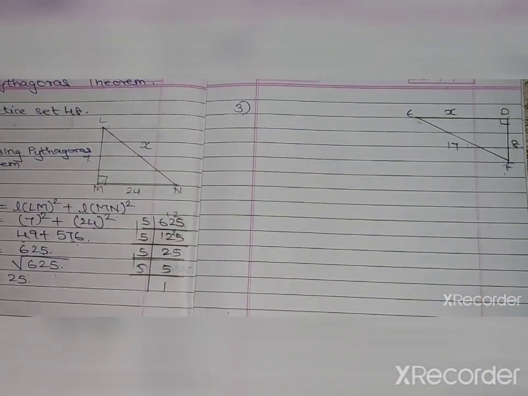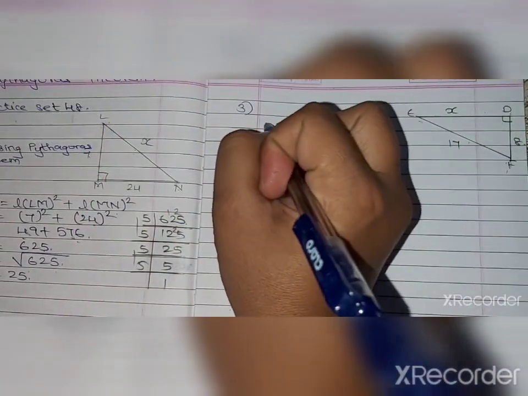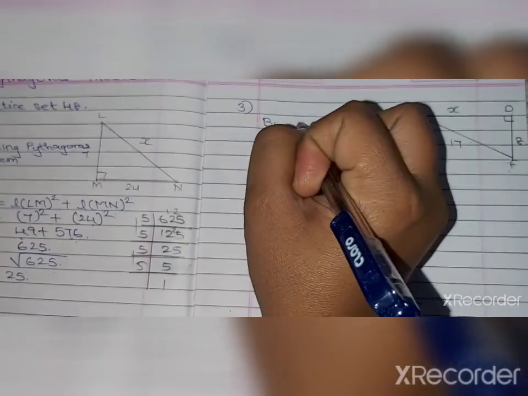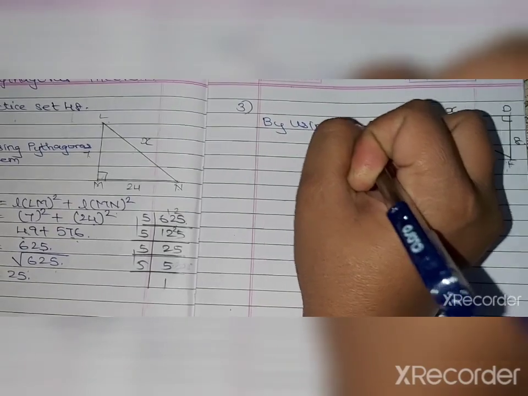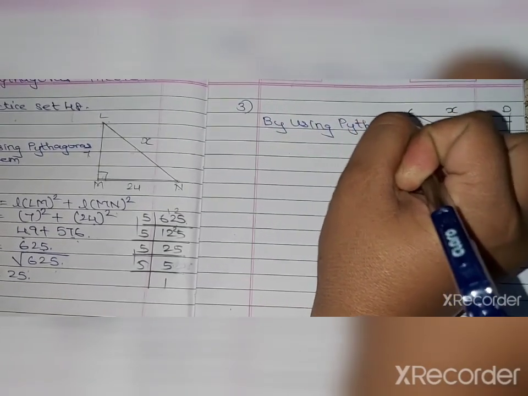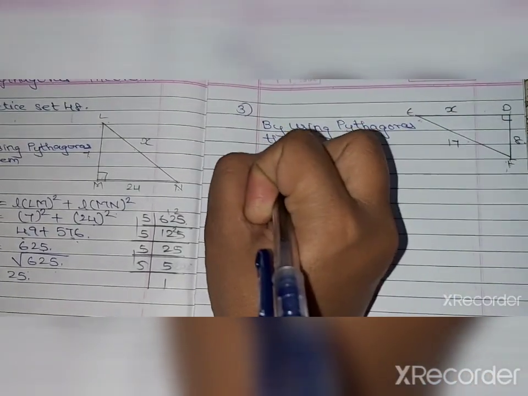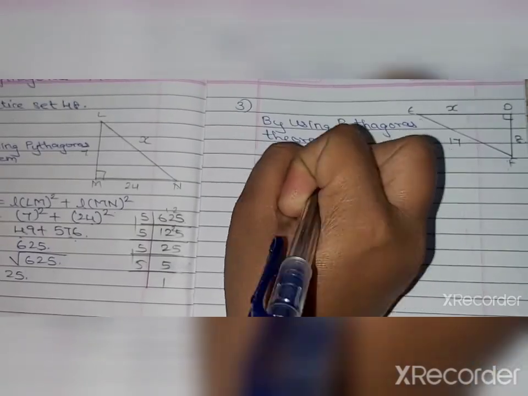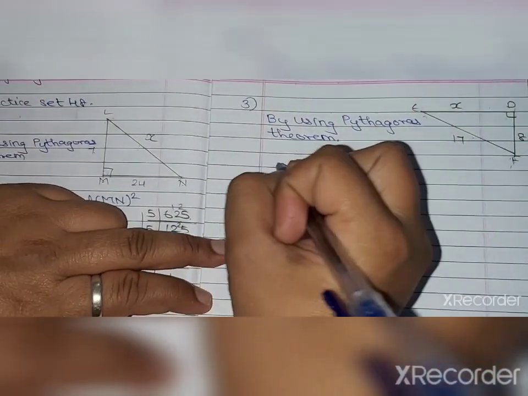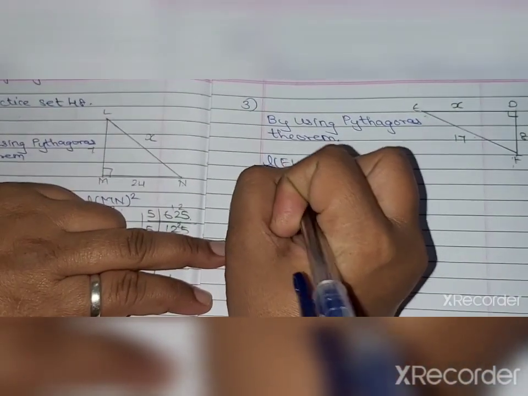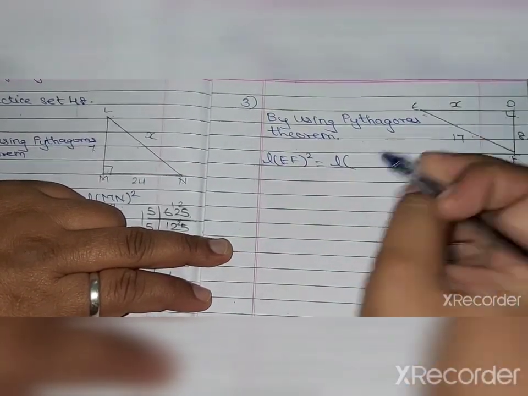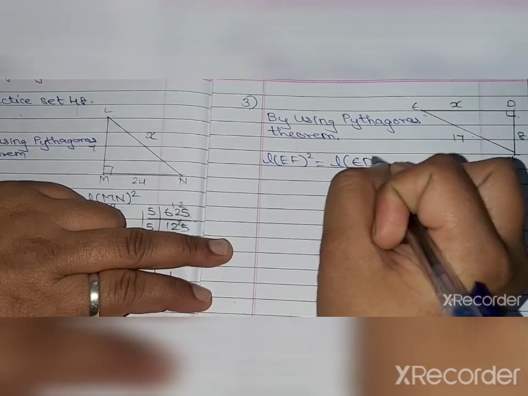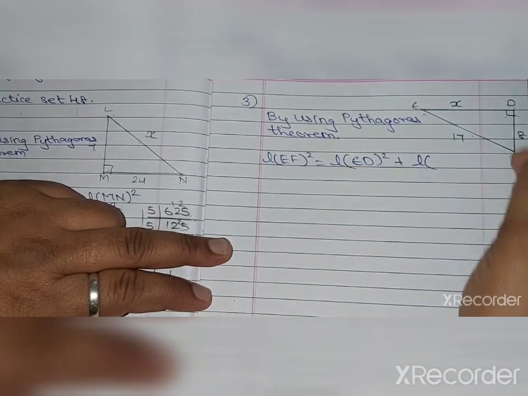By using Pythagoras theorem, length EF square equal to length ED square plus length DF square.